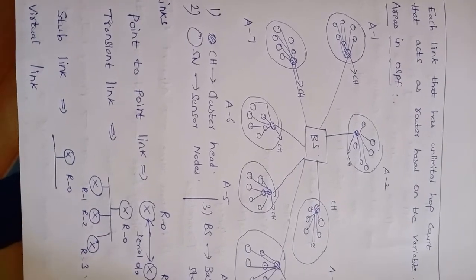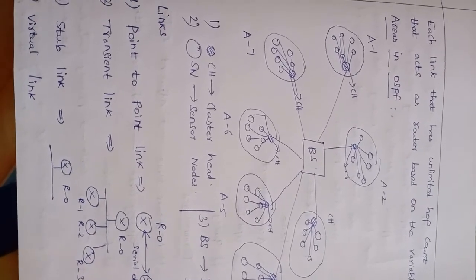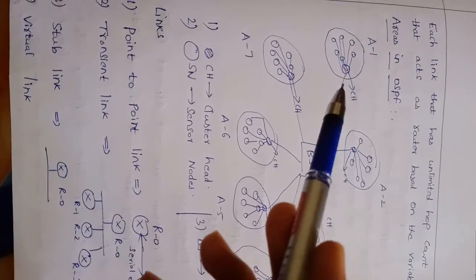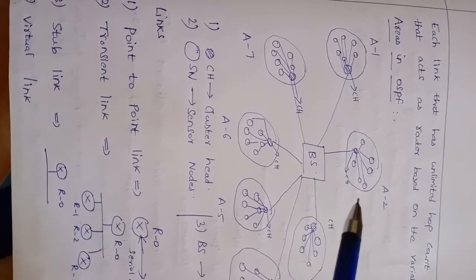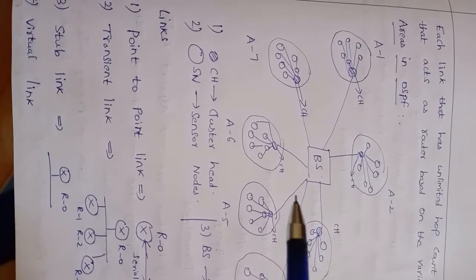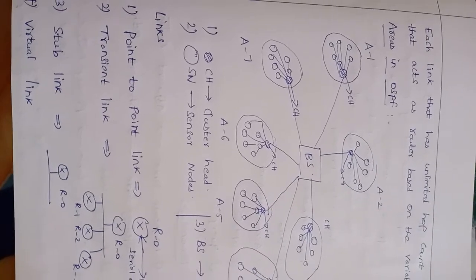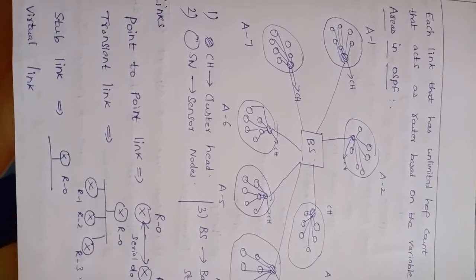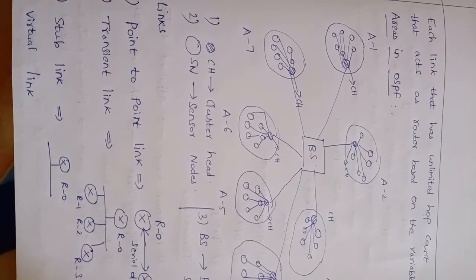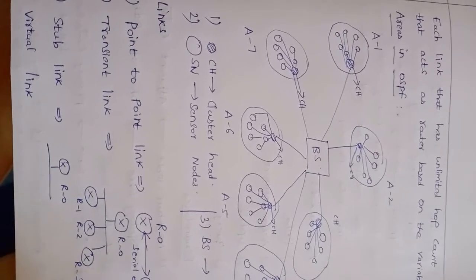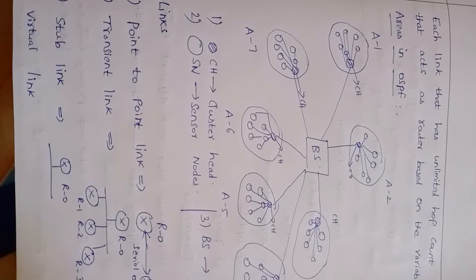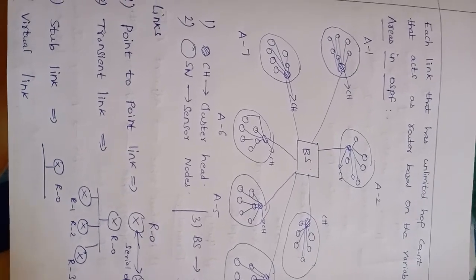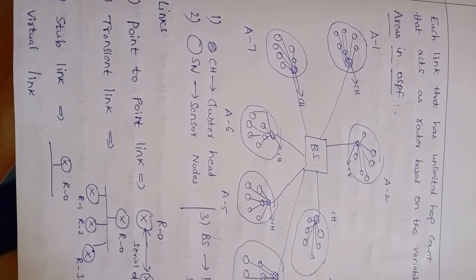After completing all the process, first area 1 will send the data from its cluster head to the base station. Next area 2 will send. In that way the cluster heads of all the areas will send the data to the base station. Finally, some data will be misbehaving. That misbehaved data is represented as hacked data, the malicious node.